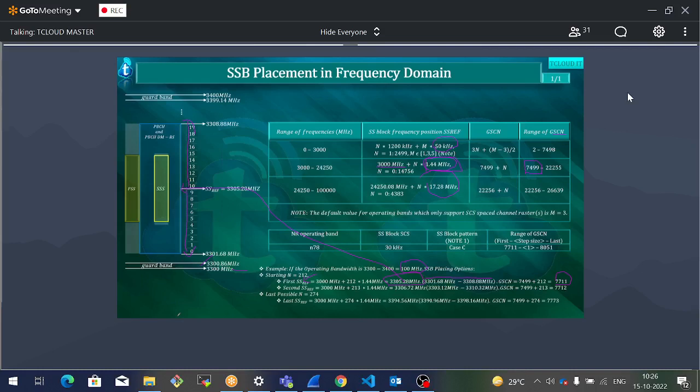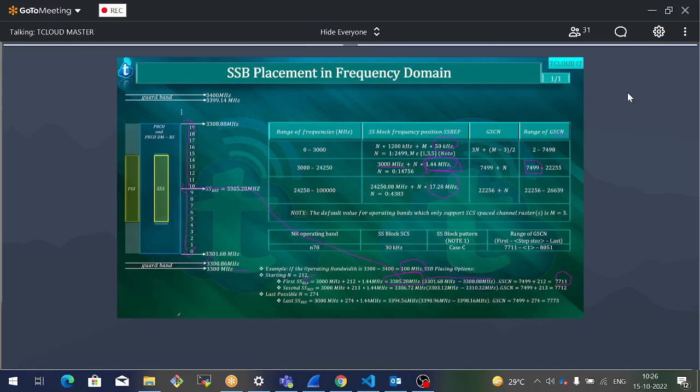There are again some rules, as you have to leave out the guard band and some other little linked-up things, which we don't need to discuss. But mostly it can be placed at the starting of the band to make it easily recognizable for the mobile, as mobile equipment will spend less time searching for it.